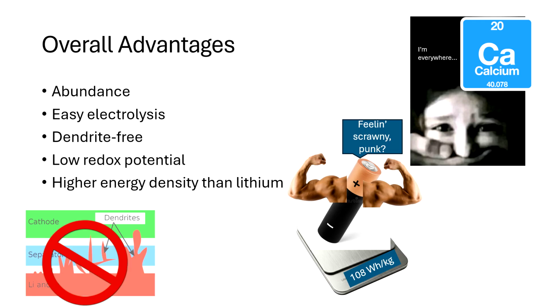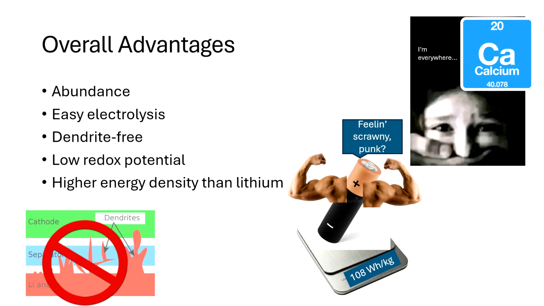Calcium, also as an anode, is notably dendrite-free. Dendrites are small byproducts that are left on an anode that can impede the electrolysis of its ions when it comes in from the cathode, right?